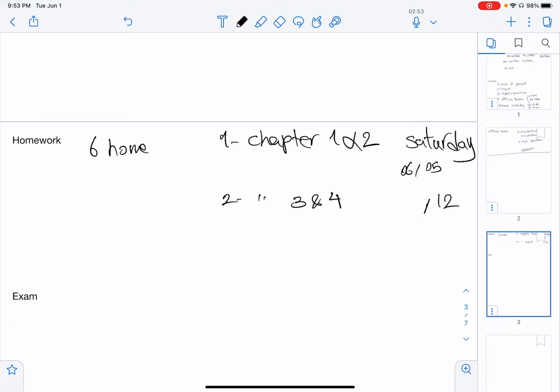And then we have chapter 5 and the due date is on the 19th. We have chapters 7 and 8, I believe, and the due date is on the 26th.